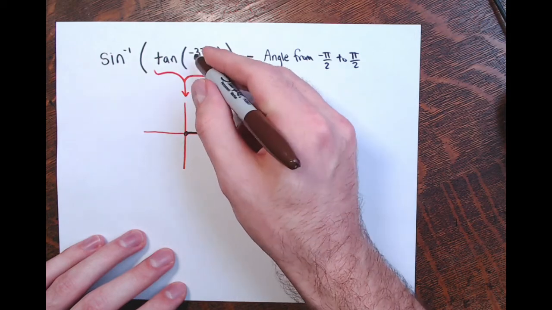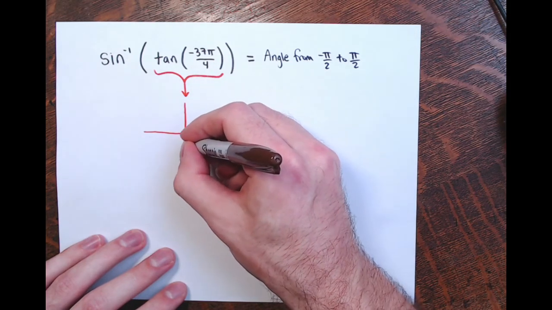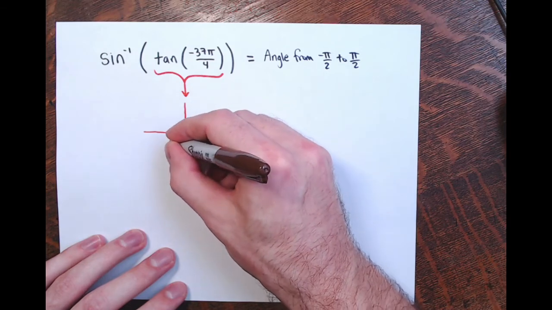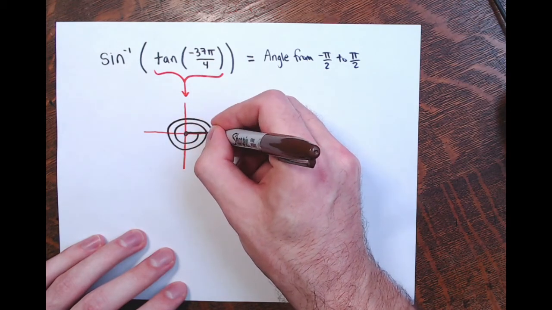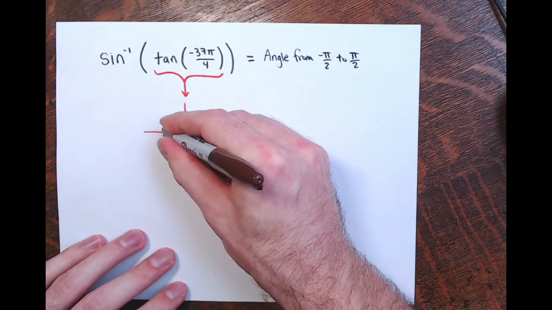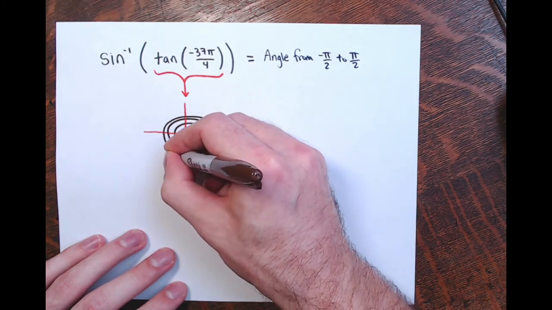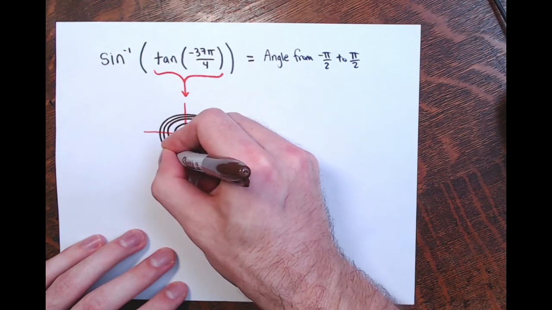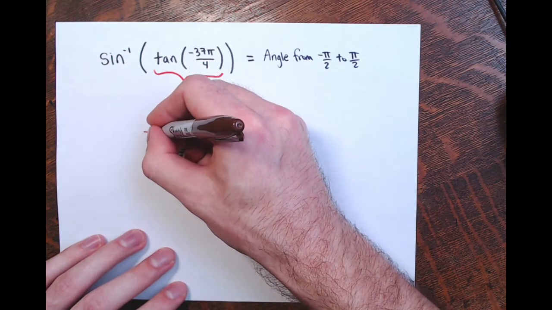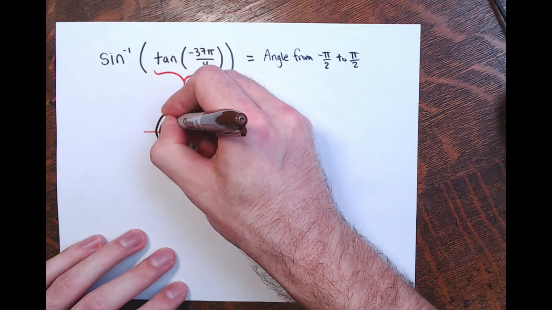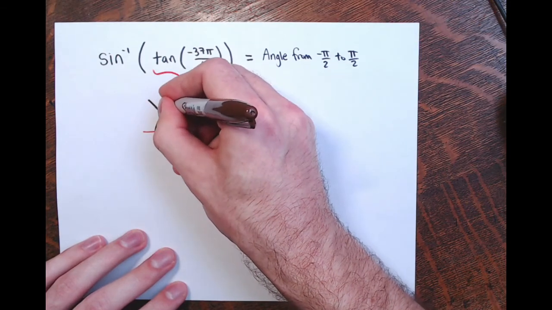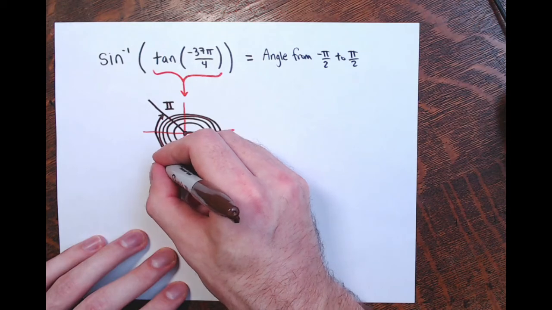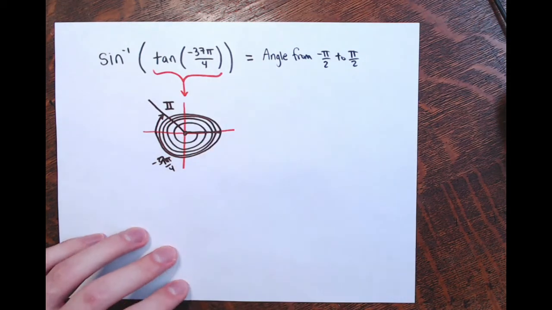So again, this was negative, so there's negative 8 pi over 4, negative 16 pi over 4, and then 2 more times will be negative 32 pi over 4, and then negative 36 pi over 4 plus another 4, and then negative 37. So I'm in quadrant 2 right there. It's clockwise. Negative 37 pi over 4. Yikes. Okay. But I'm in quadrant 2.